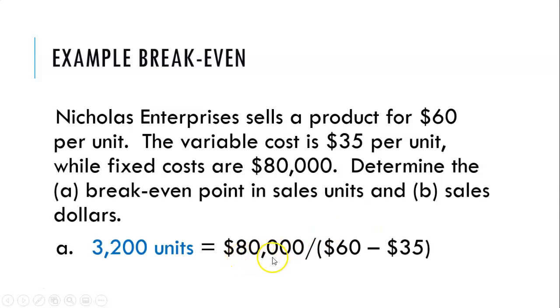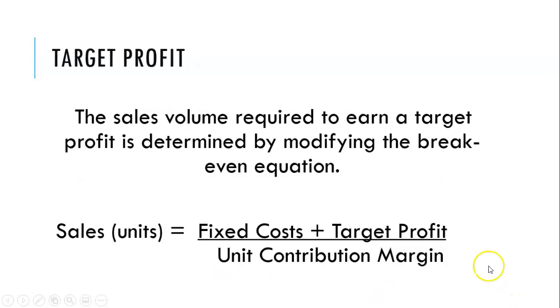And so we take 80,000, our fixed costs, divided by our unit contribution margin, which is our sales price minus our variable cost. 60 minus 35, that'd be $25 as our unit contribution margin. So 80,000 divided by 25 is 3,200 units we would have to sell.